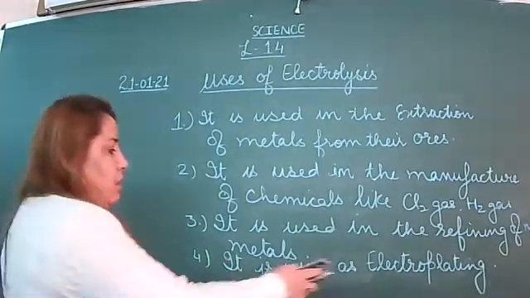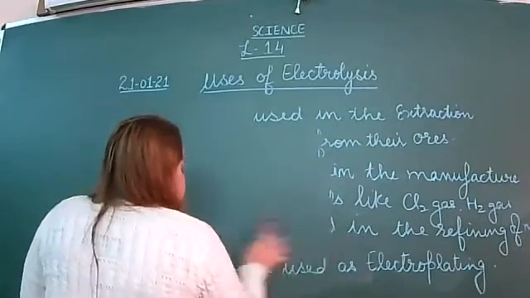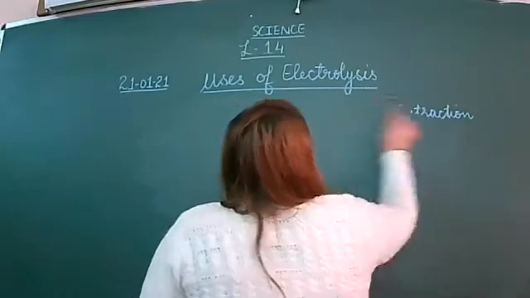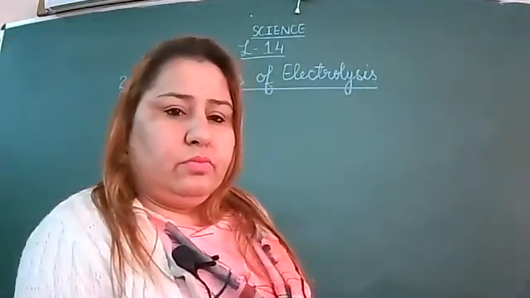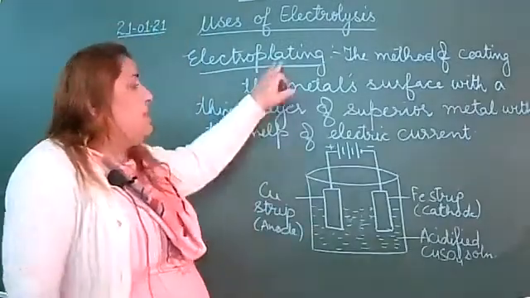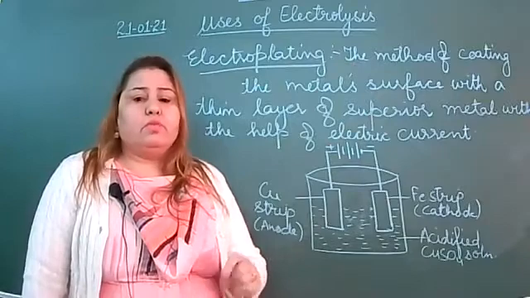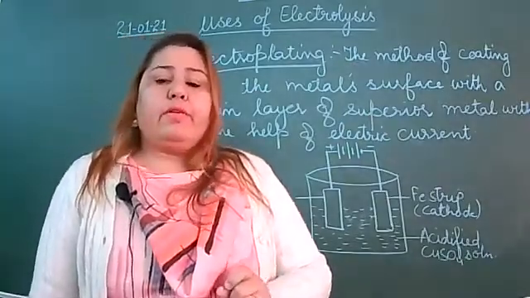First, we write down these uses. Now, what is electroplating? The method of coating the metal surface with a thin layer of superior metal with the help of electric current.